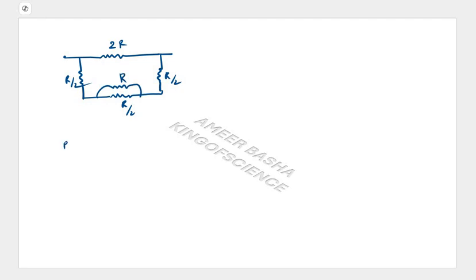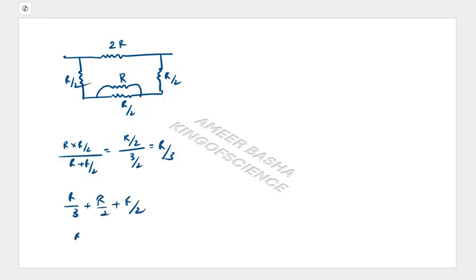The answer comes out to be R into R by 2 divided by R plus R by 2. So the answer comes out to be R by 3. So that R by 3 is in series with that R by 2 plus R by 2. Then the answer comes out to be R by 3 plus R, that is 4R by 3.